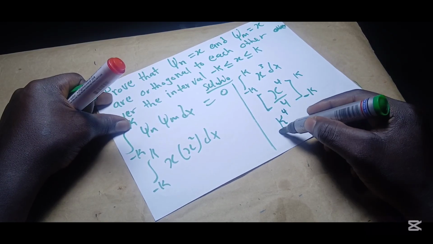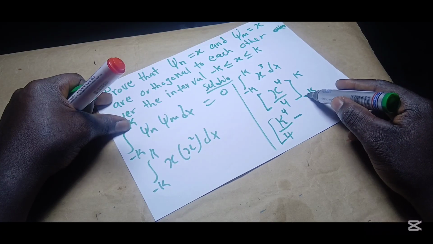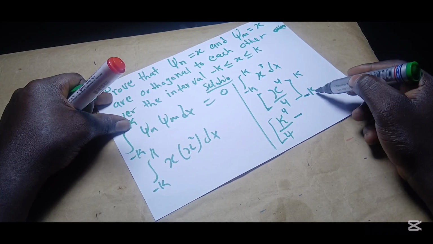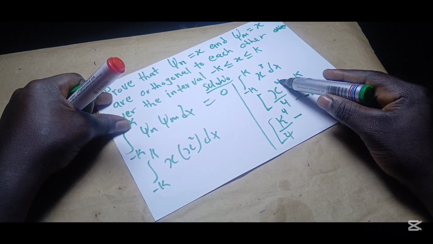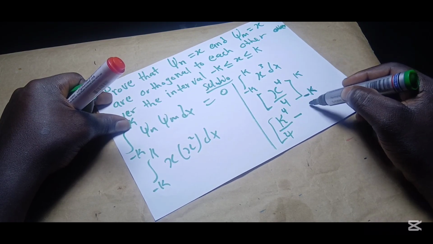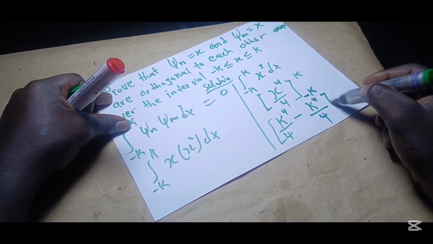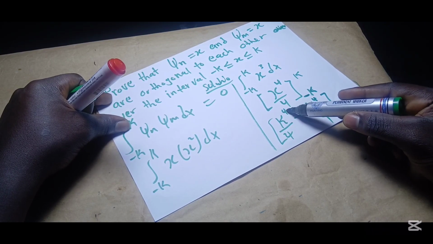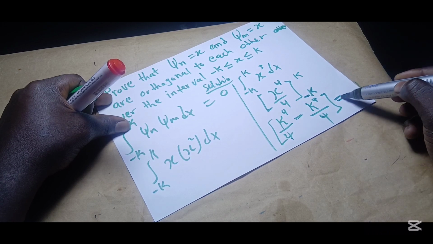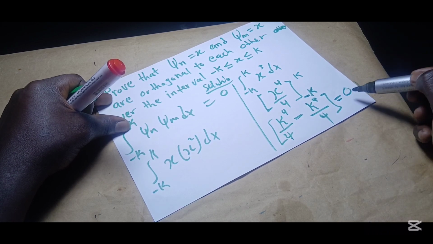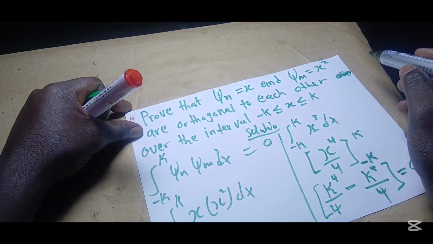So k to the power 4 all over 4, minus, now put in the lower limit. Wherever we see x, we put in minus k there. So minus k to the power 4, since the power is even, is going to give us positive k to the power 4, all on 4. And k to the power 4 over 4 minus k to the power 4 over 4 definitely gives us 0. So the two wave functions psi of n and psi of m are orthogonal to each other.